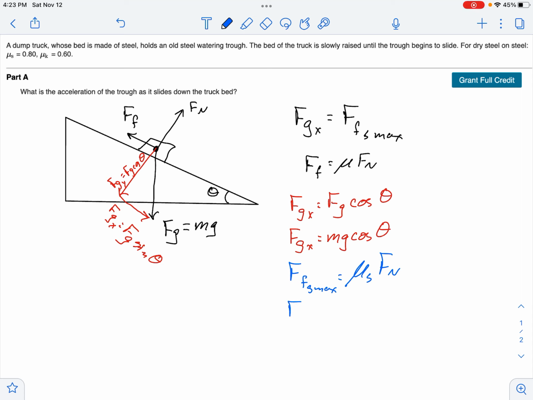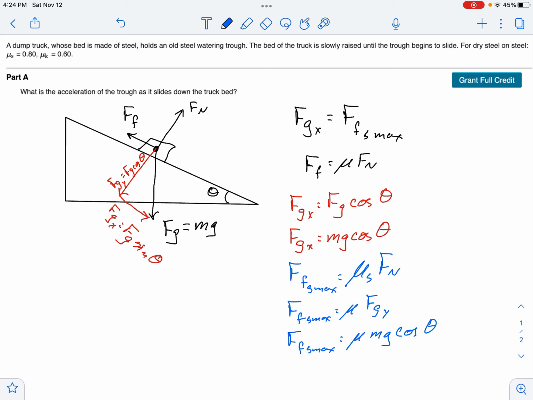So the force of friction static max is equal to mu sub s times Fgy. If we plug in what we have for Fgy, our force of friction static max is equal to mu times mg cosine of theta.